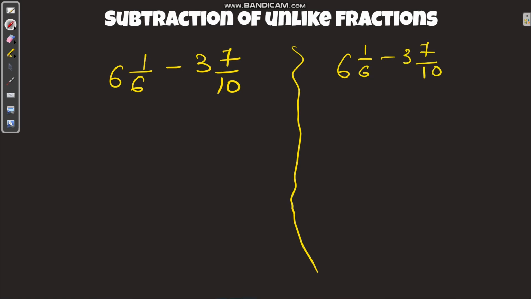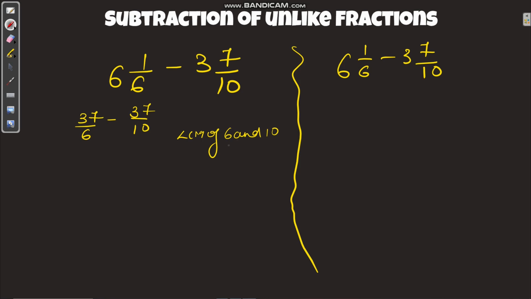The first way is converting into improper fractions. 6 sixes are 36, plus 1 is 37 upon 6, minus 3 tens are 30, plus 7 is 37 again upon 10. Can I directly subtract the numerators? No, because the denominators are different. So now let's take the LCM of 6 and 10.